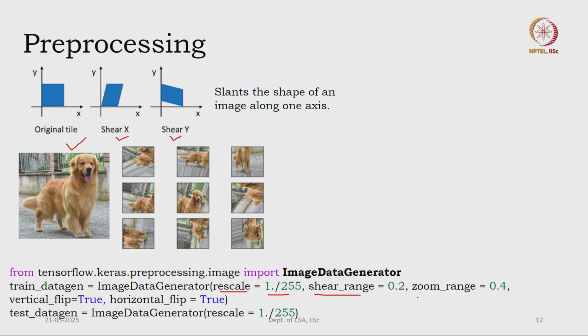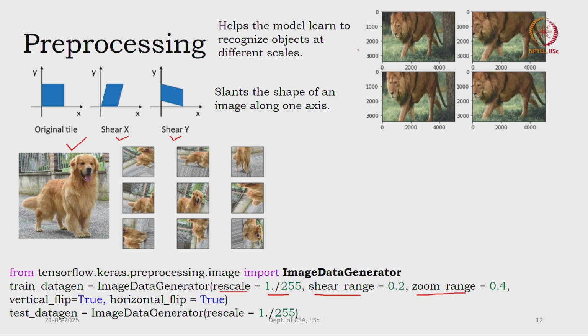Then next, we have something called zoom. What exactly is zoom? This will help you learn a particular image from a different scale. When we zoom in and zoom out, you will be able to extract a larger number of different features.